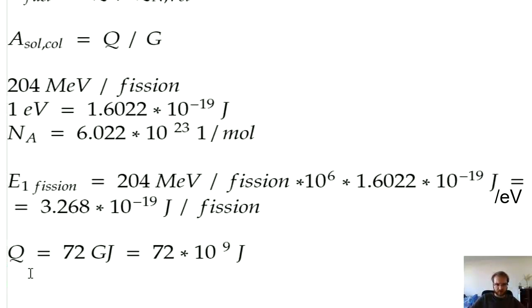So let's call this N, the number of fissions in a single year, which is nothing other than just the heat divided by the energy per one fission.